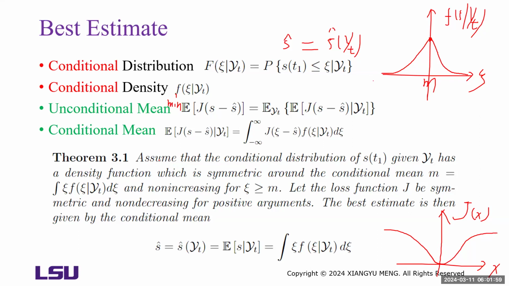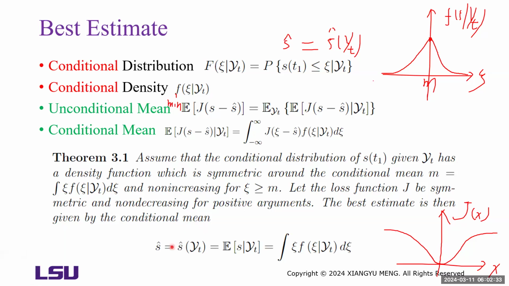Then this theorem tells us if the probability density function is symmetric around the conditional mean and non-increasing for c greater or equal to m, and the loss function J is symmetric around 0 and non-decreasing for positive argument, then the best estimate for the unconditional mean is given by the conditional mean.